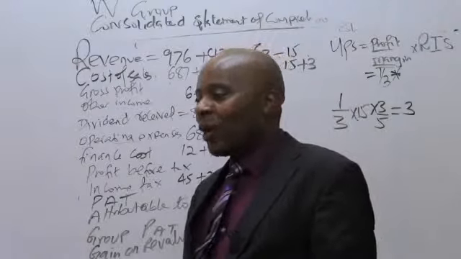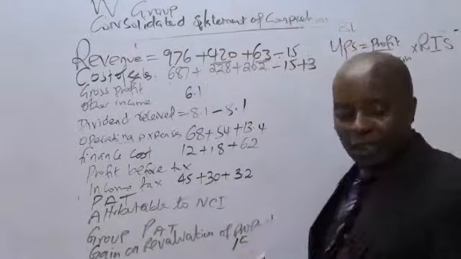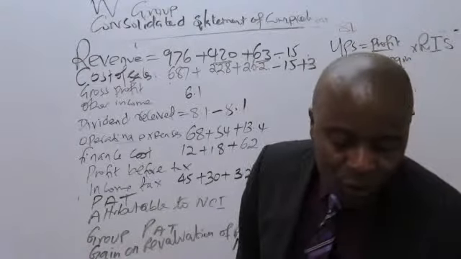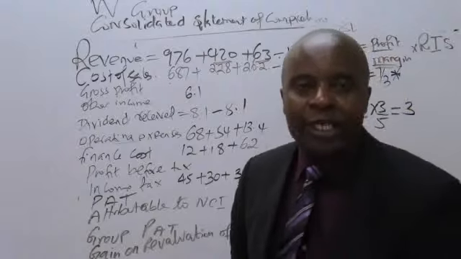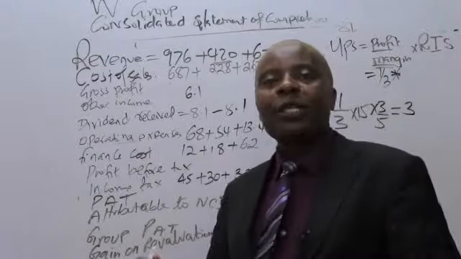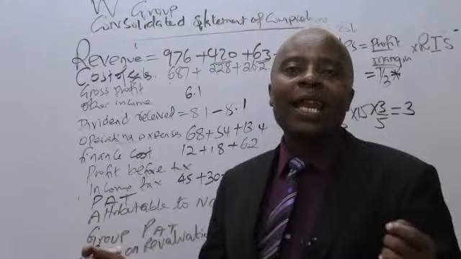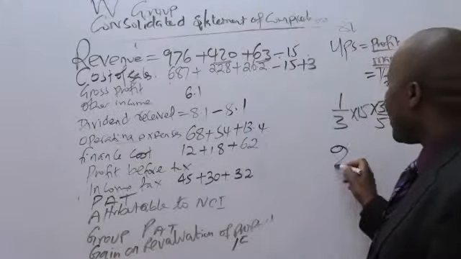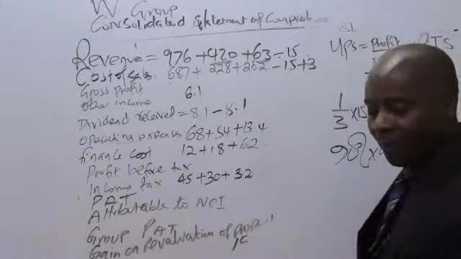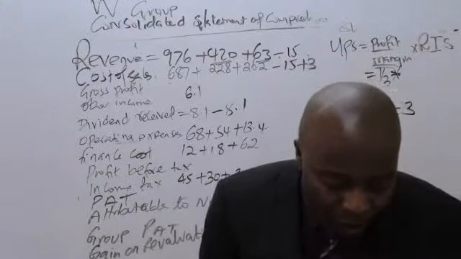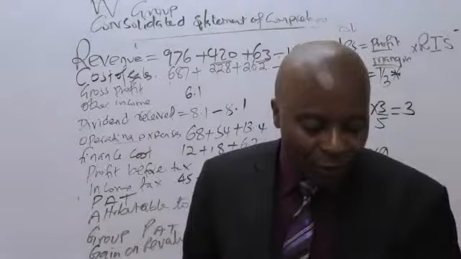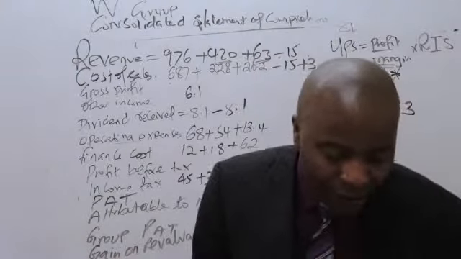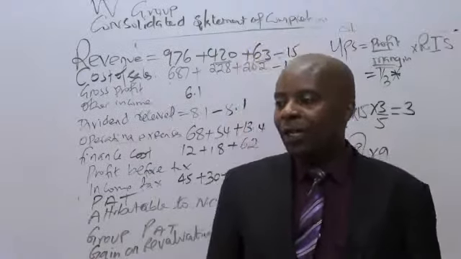How did I get 8.1? Very easy. Look at note number 3. W Limited owns 90% of the equity shares of F, and whatever dividend F declares, W will be getting 90%. So 90% of the 9. In note number 5, we are told that F declared an interim dividend of 9 million.